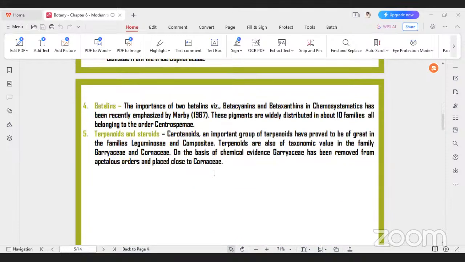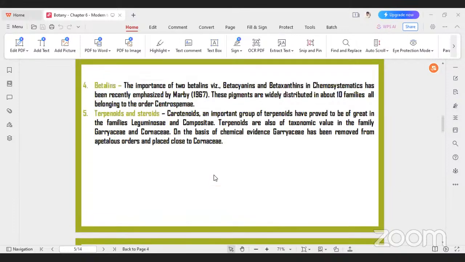Betalains, another chemical, and terpenoids. First of all, there are two betalains, betacyanin and betaxanthin.